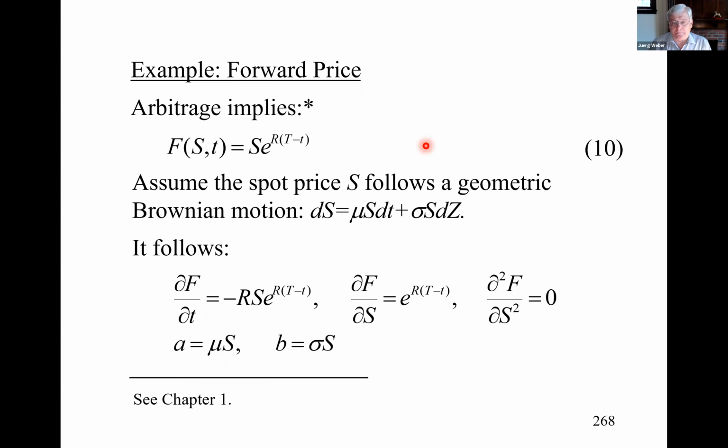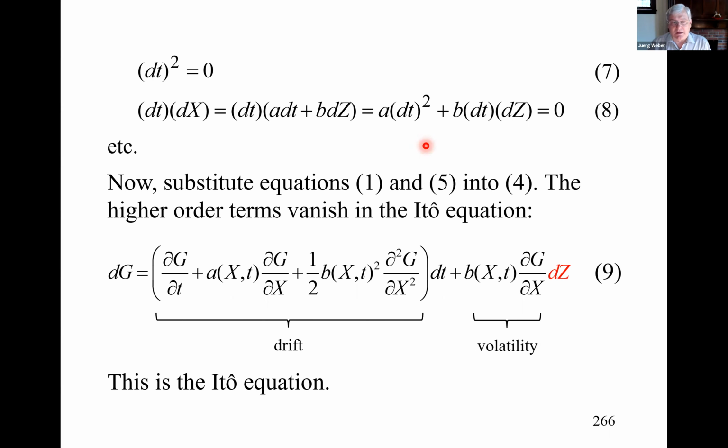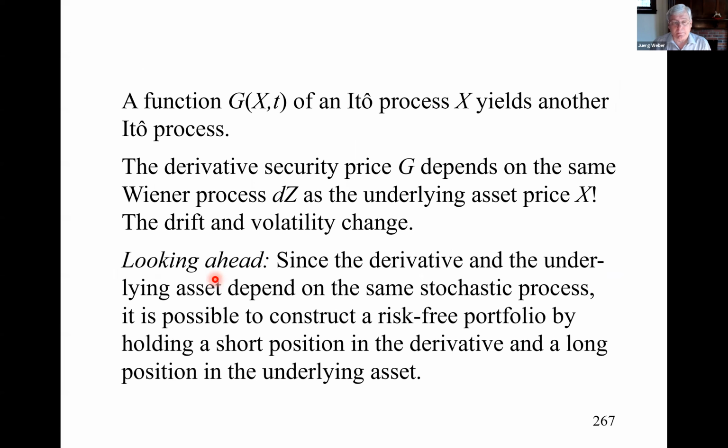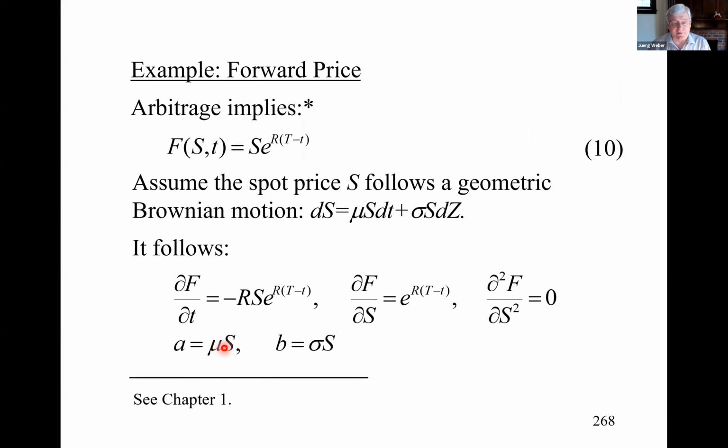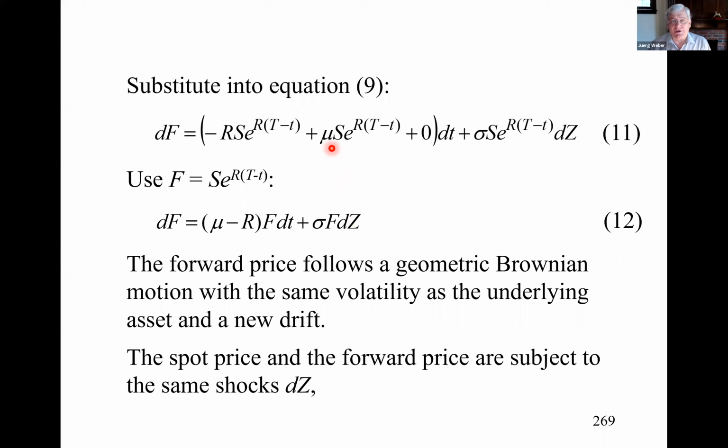And A here is the drift of the geometric Brownian motion. So for the A, I'm writing mu s, and so on. You just substitute in. It's very straightforward.